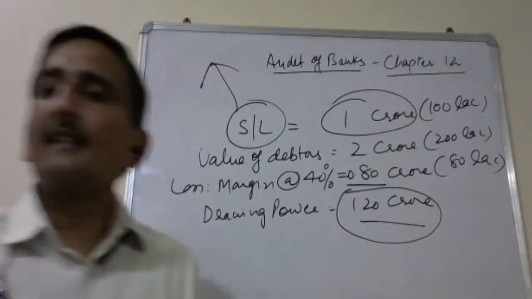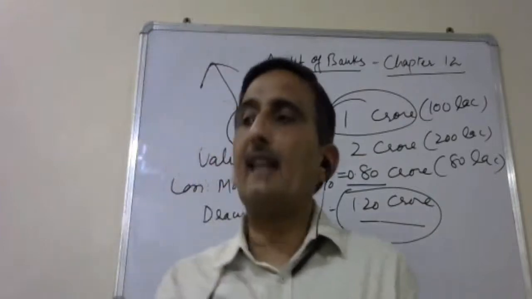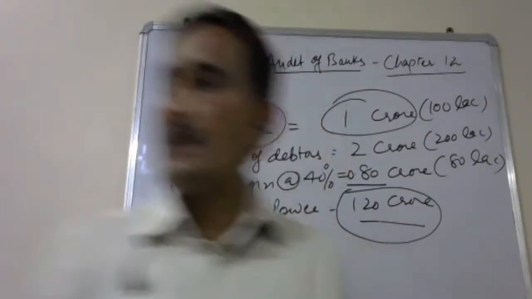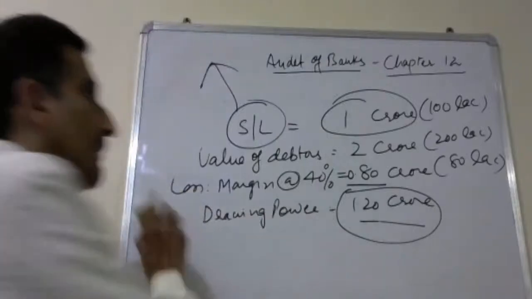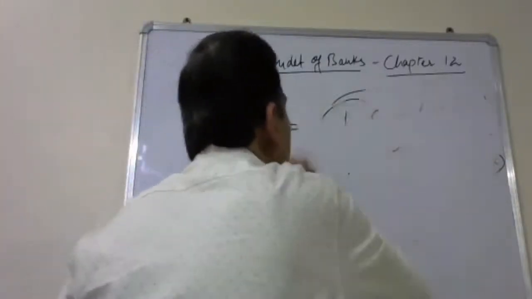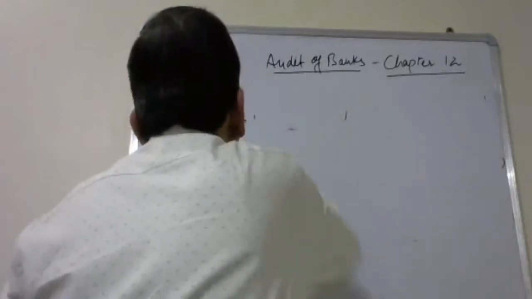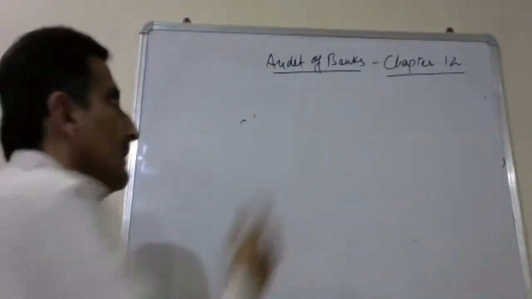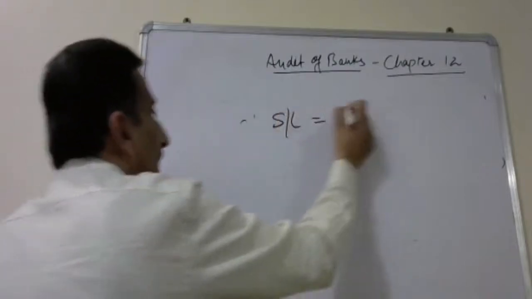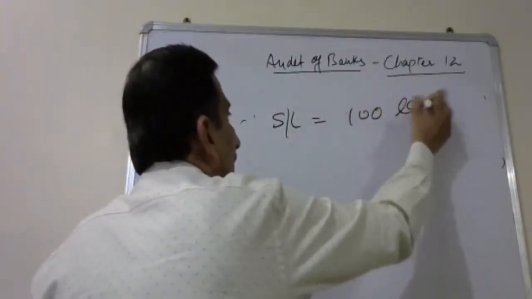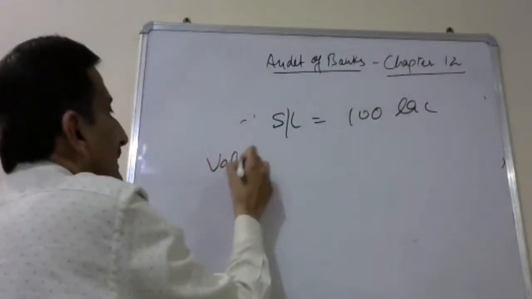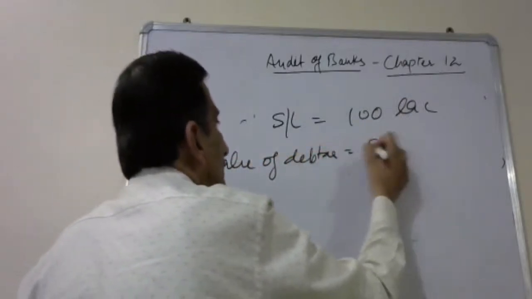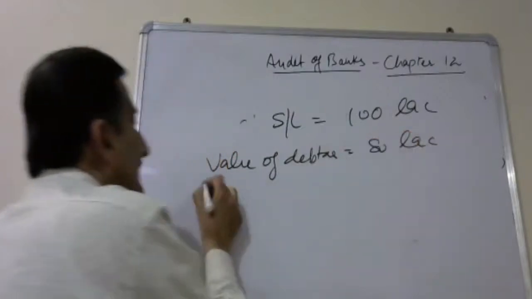Yes, Rohan is asking: if the sanction limit is 100 lakh and the value of debtors is 80 lakhs, what would be the DP?